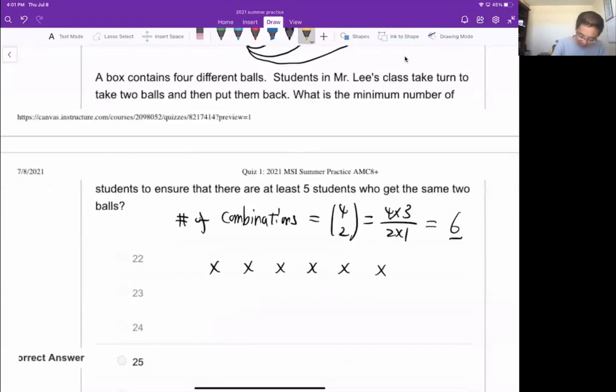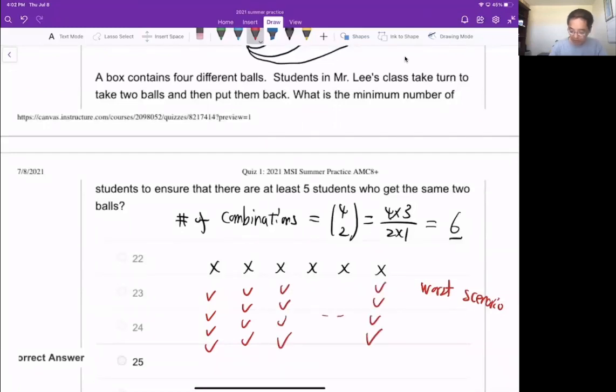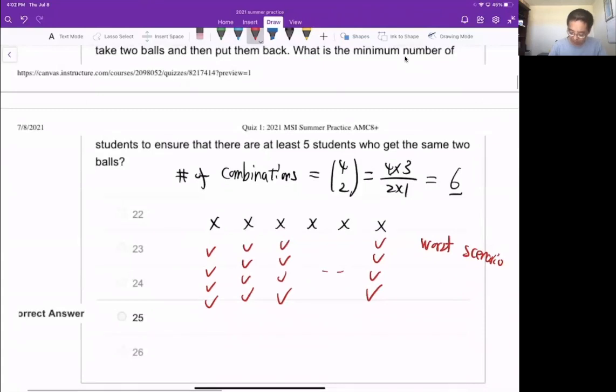Okay, so then let's think of the worst scenario, the opposite. What we can do is, of course, for each combination we choose 4 students, right? So that's the best we can do to avoid 5 students who have the same combination.